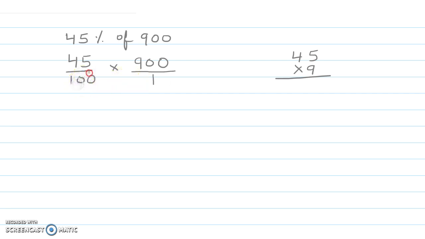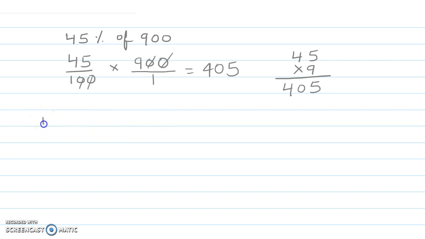You can cancel the top two zeros with the bottom two zeros. What is left? 45 times 9, and when you multiply, you get 405. So the answer is 405. And you can do it the previous way as well.